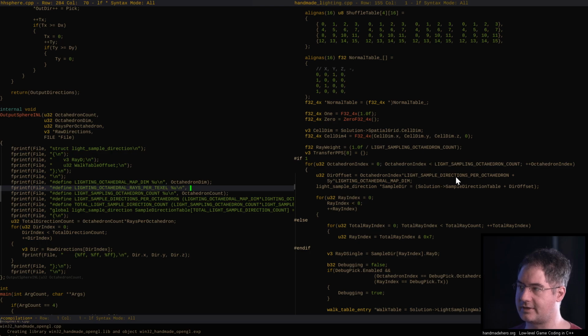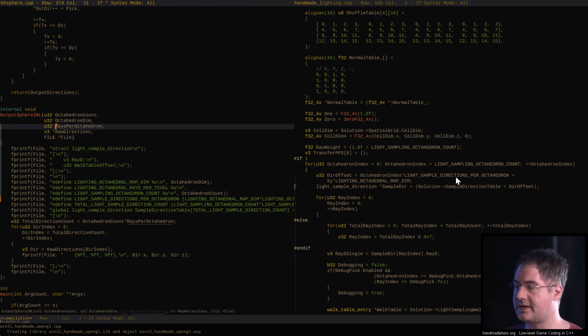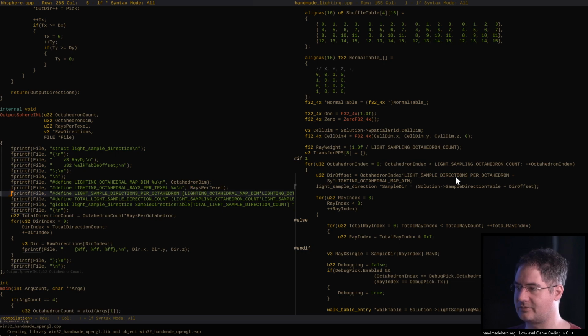We could generate more or less of those depending on how much CPU power we want to spend versus the quality of the sampling, right? So instead of rays per octahedron, I think what we want here is rays per texel. And that would get printed. The octahedron count would not be a thing because that was sort of a surrogate. That was actually what rays per texel was, but I don't think we want that.